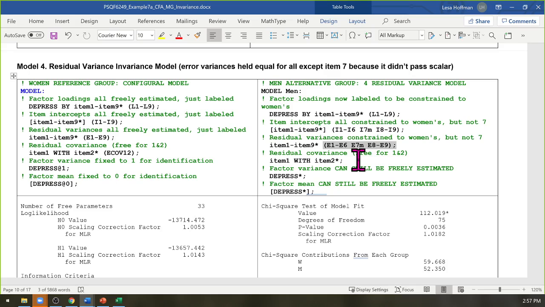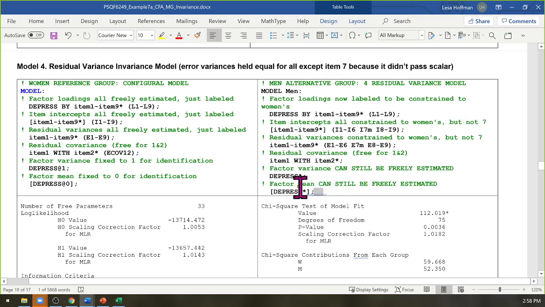So if you had an item that fails at the loading stage, it doesn't participate in all the other tests by convention. There's nothing that stops you from trying it. And actually, in one of my examples, I'm going to break that rule because I have so few items that I want to try and constrain as much as possible. But by convention, you would not test the residual variance for something that has a different loading or intercept. And so that's why I have separated out item 7 as a starting point for this.